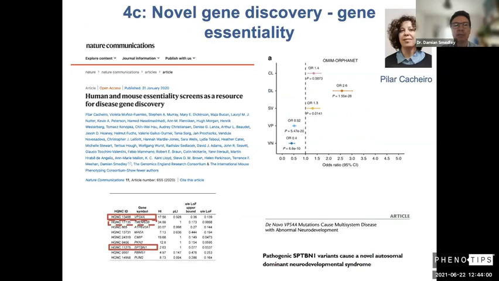And then to finish up on this strand, Pilar Cachero in my team has developed a nice pipeline using human and mouse essentiality screens. Essentially, using these screens we can categorize all our genes that have run through the IMPC pipeline into either cellular lethal or developmental lethal. The developmental lethal ones are the ones that are not lethal in human cell lines, but are lethal to a mouse.